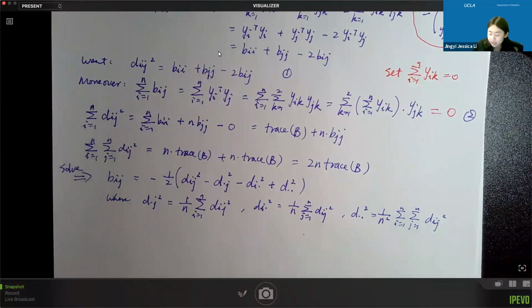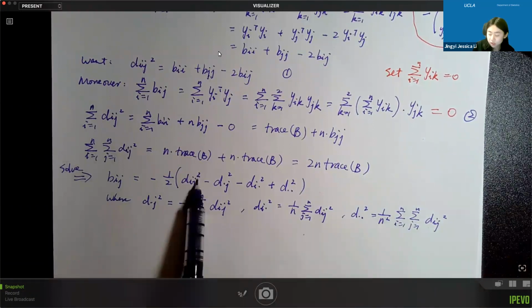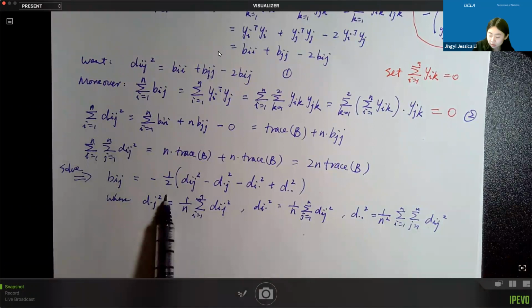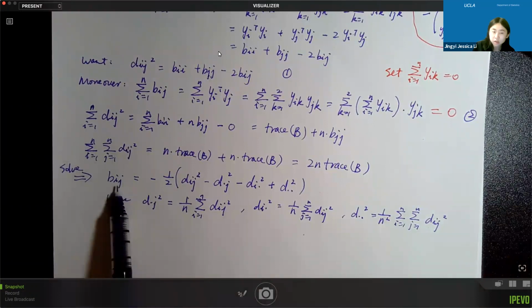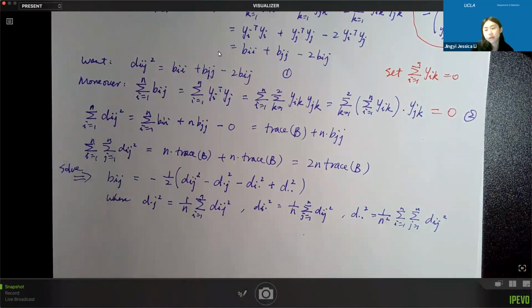So what I did is that I first take the square of all the distances, and I get a column average, row average, and the overall average. If I do this operation, I can show that this is what I need for bij. So in other words, there is a one-to-one relationship between the distance matrix and the Gram matrix.